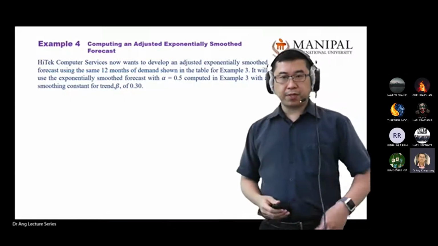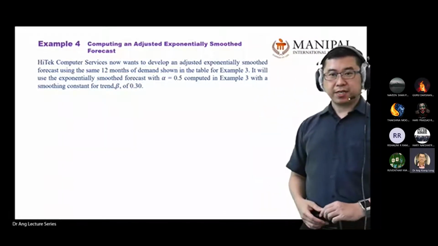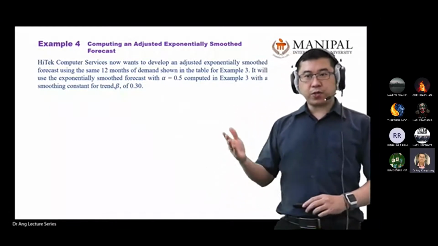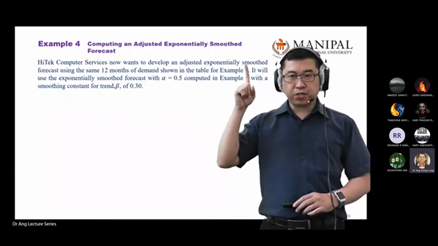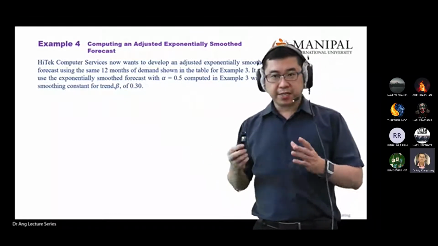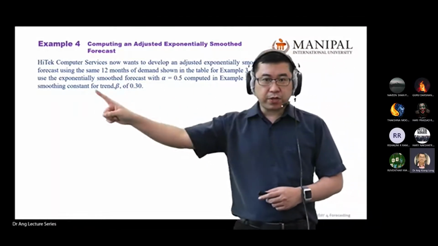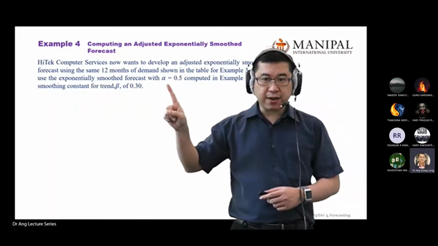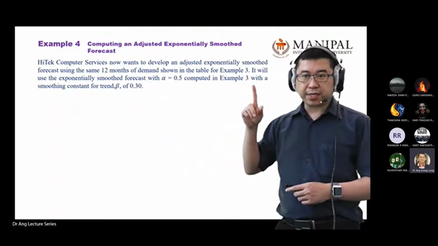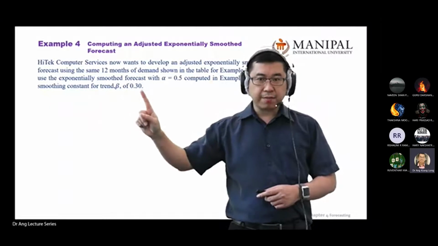Example number 4. We use the previous example 3 again, still the computer service company. Now you want to use the adjusted exponential smoothing forecast for the same 12 months, same demand. It will use the exponential smoothing forecast with alpha 0.5 computed in example 3, with a smoothing constant for trend, beta 0.3.